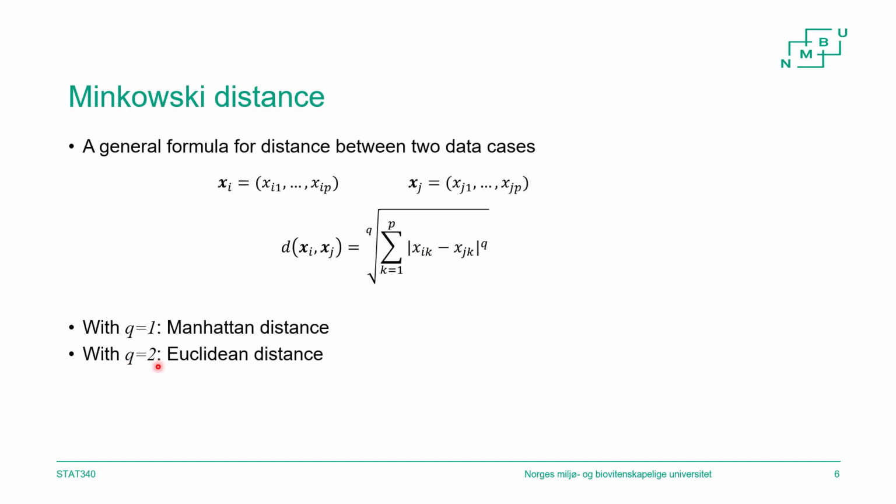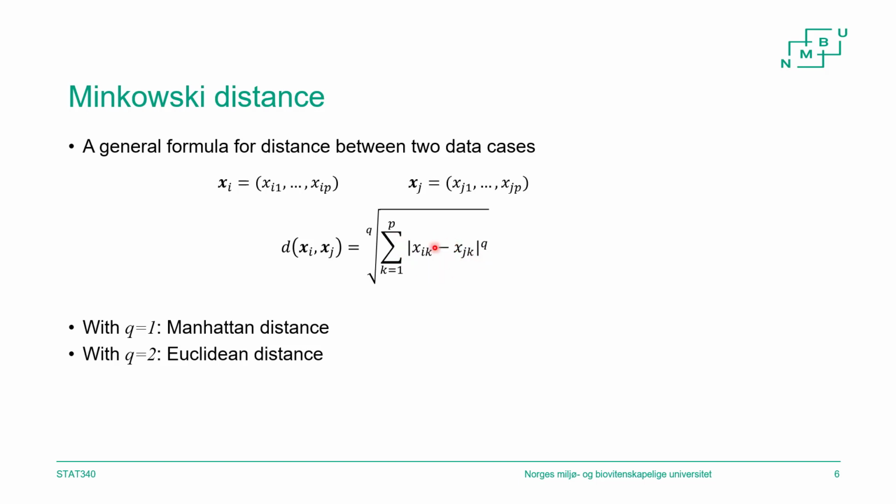If you choose q equals 2, you get what we call the Euclidean distance. And this is actually the distance we normally think of as a distance between 2 points. The Euclidean distance. That's when q equals 2. Because then we take the square here, right? Then q becomes 2. The squared deviations, then you actually don't need the absolute values anymore, because squares are always positive anyway.